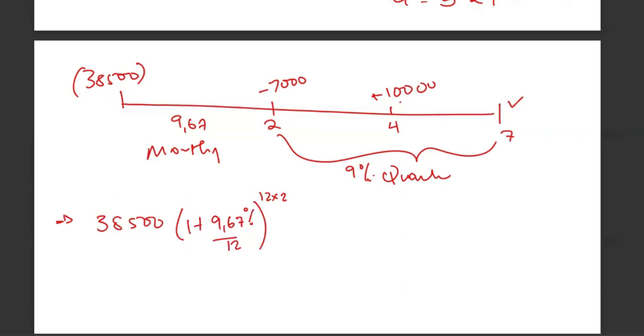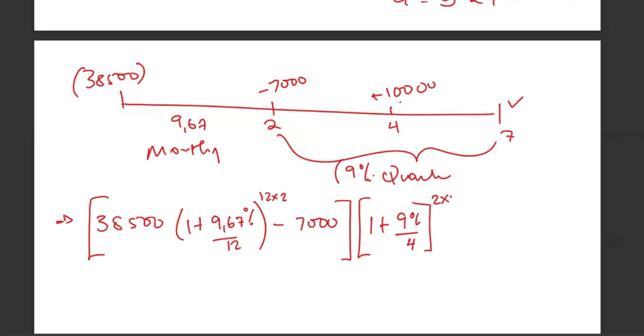From there, I'm going to subtract the 7,000. Then the answer that I'm going to get is going to grow for another 2 years using the 9%. So 1 plus 9% over 4 to the exponent of 2 times 4. And then we add the 10,000. And then whatever is left is going to grow with the 9% again.